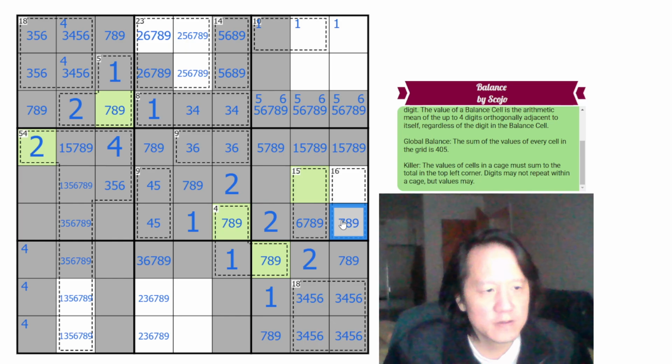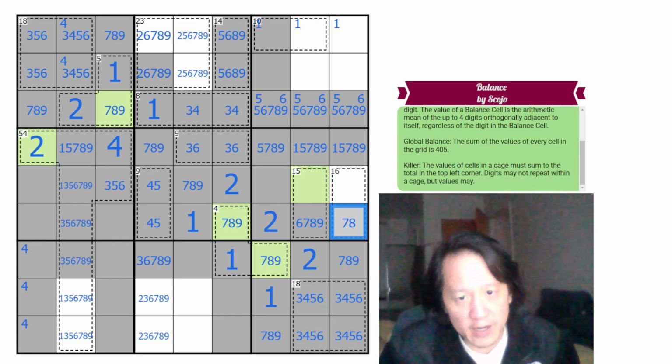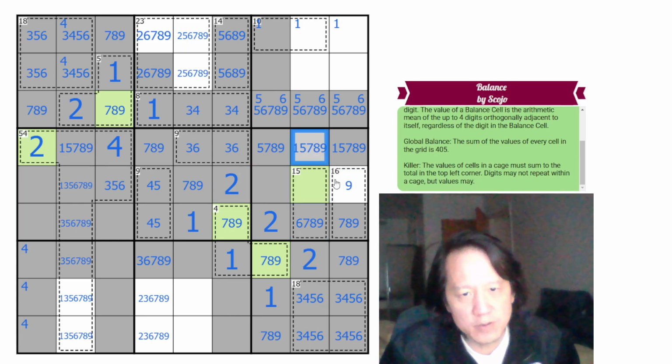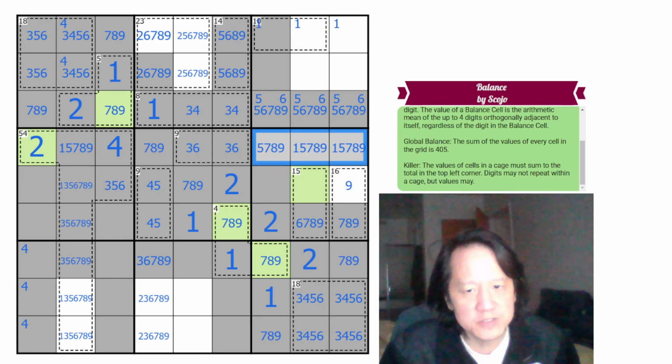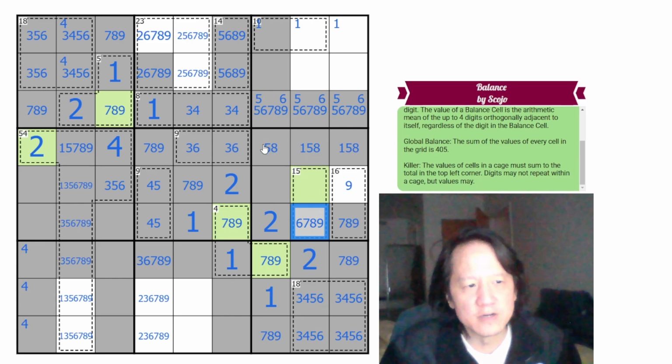So this could be 9, and this would be 7 and 9, which eliminates 7 and 9 from the rest of the box. So therefore, this would be 1, 5, and 8, but this couldn't be 1. This couldn't be 7, 8, or 9 because of the 7, 9 here and the 1, 5, 8 triplet in box 6.